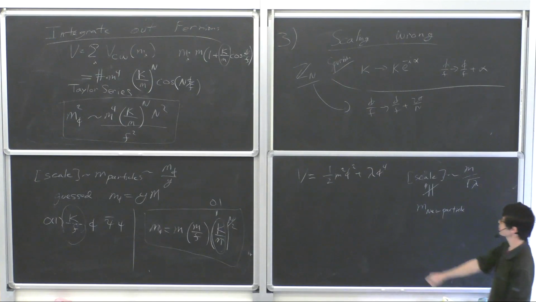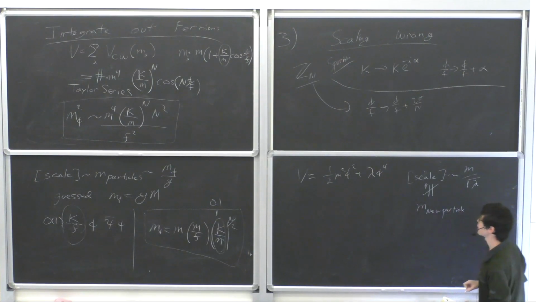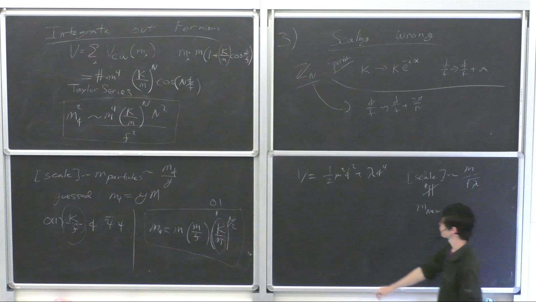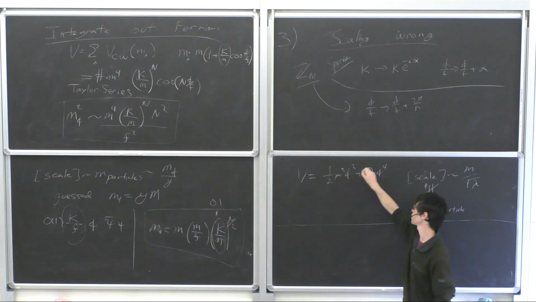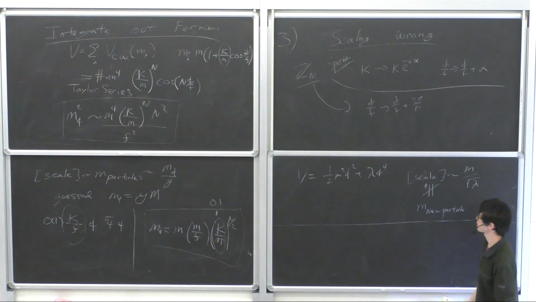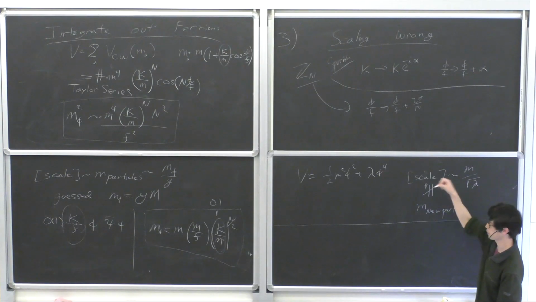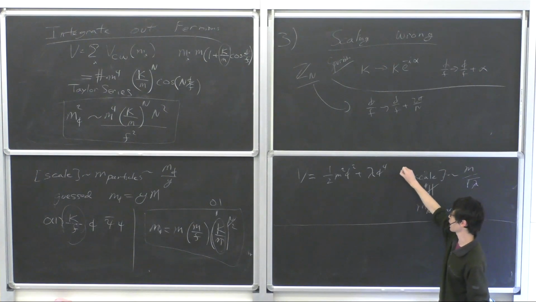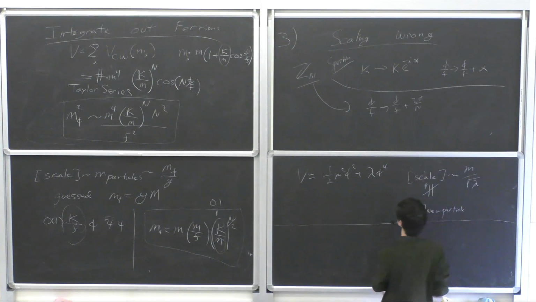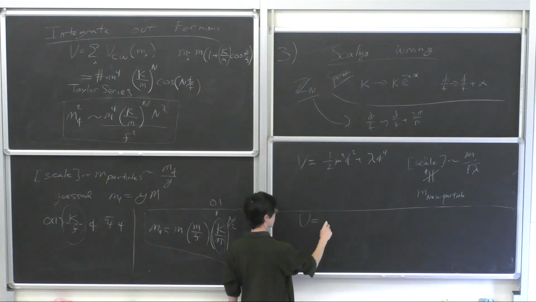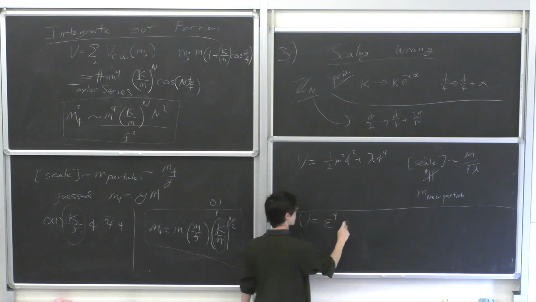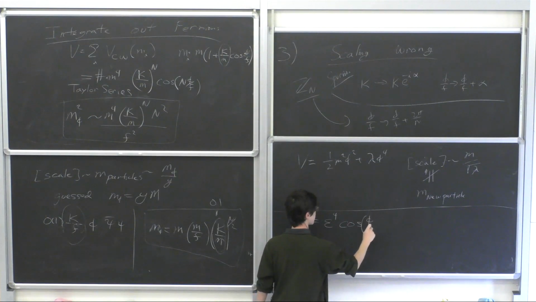So what we're going to do is write down, say, okay, you discovered a mass term, a quartic term. Let's say you just continue to experimentally probe the system. You discover higher order terms. And you discover that the potential is V equals some number, let's call it epsilon to the fourth, cosine phi over f.